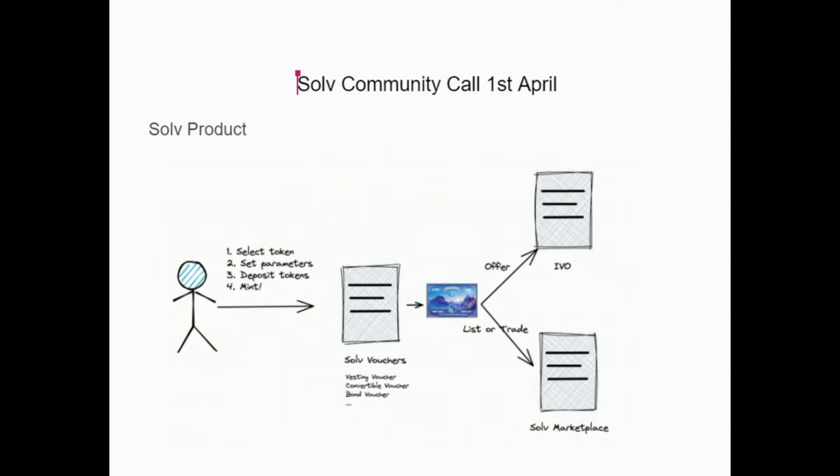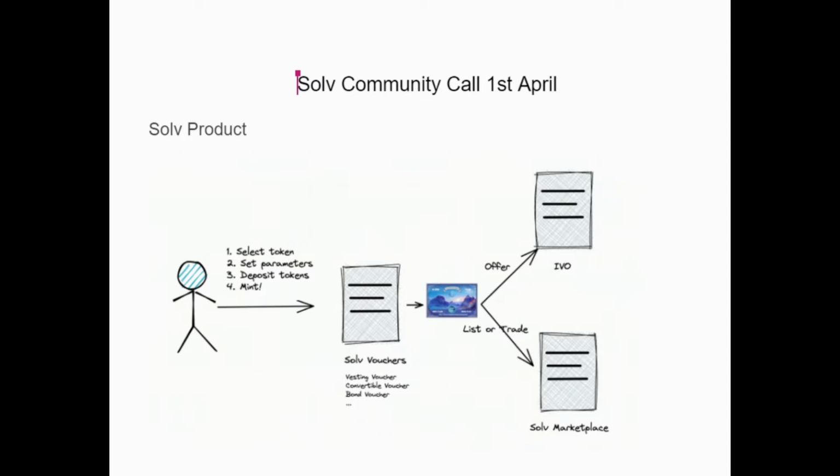Mostly I think all of you will come to IVO to buy some Solv vouchers, and then take them to Solv marketplace to be traded. So this is the main process.